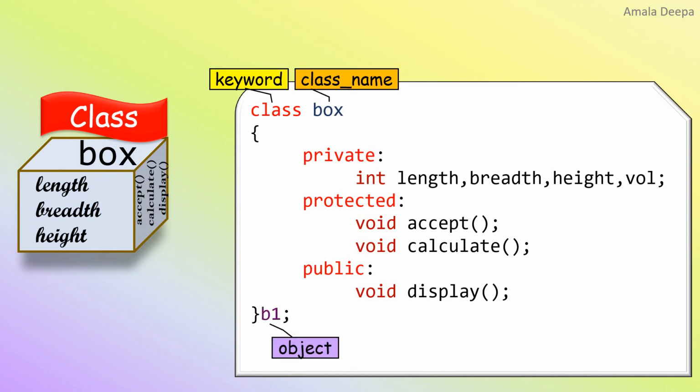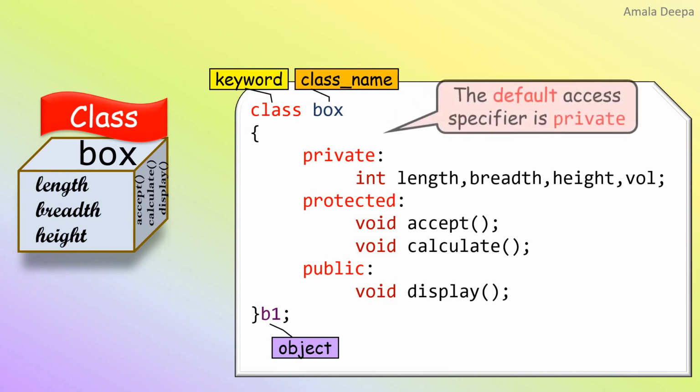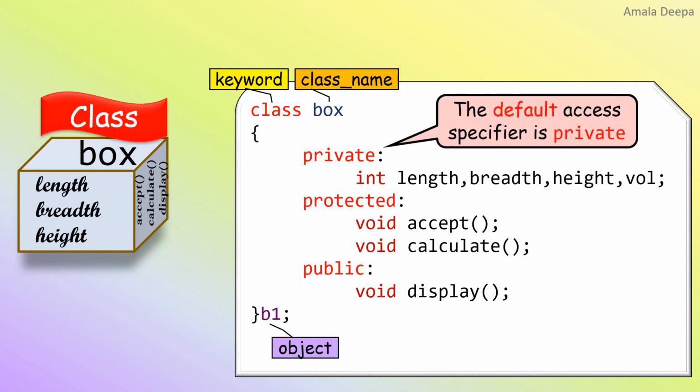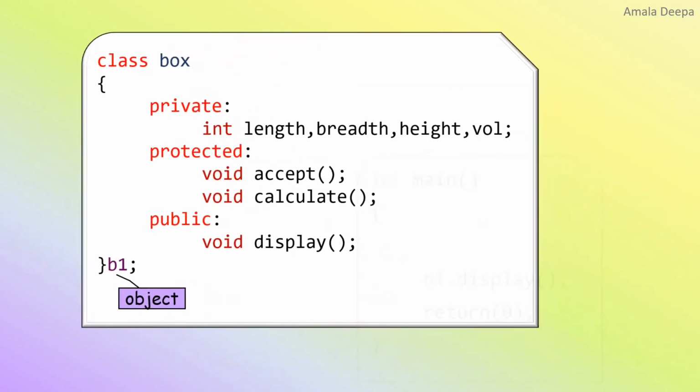There are three access specifiers: private, protected, public. But private is the default access specifier. So if I do not mention the access specifier private, the members without an access specifier are automatically considered to be private. Now let us see the main function of this example.